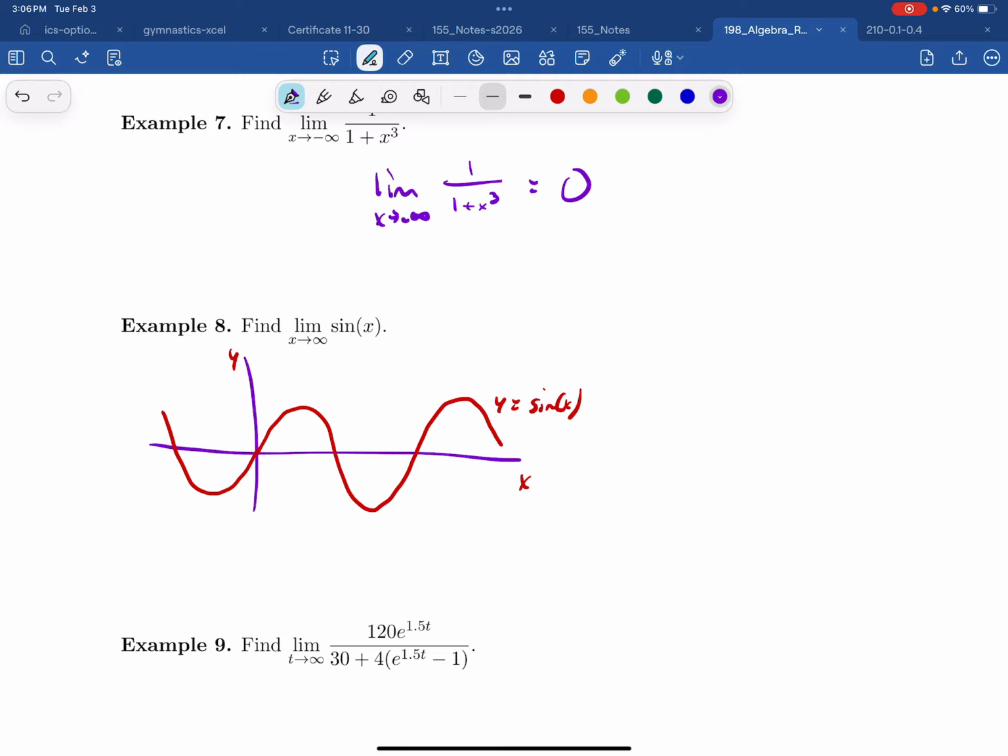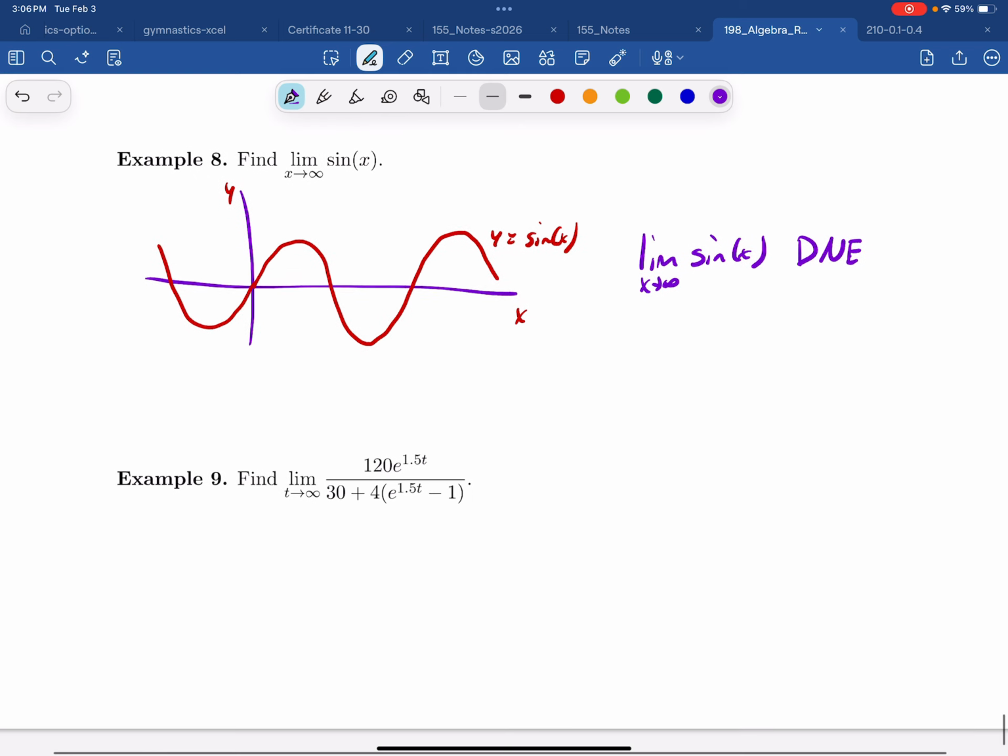It just oscillates between -1 and 1. So, weirdly enough, the limit as x approaches infinity of sine of x does not exist. And it's not because it's infinite, but because it doesn't converge to a value. It never gets arbitrarily close to a value and then stays there. It always oscillates. Okay? So that's that one.